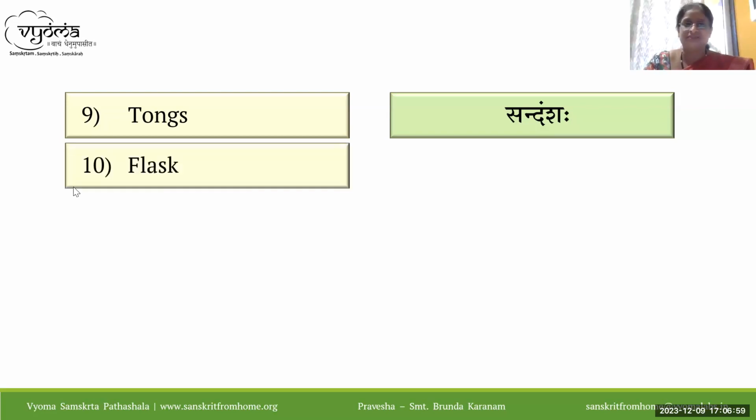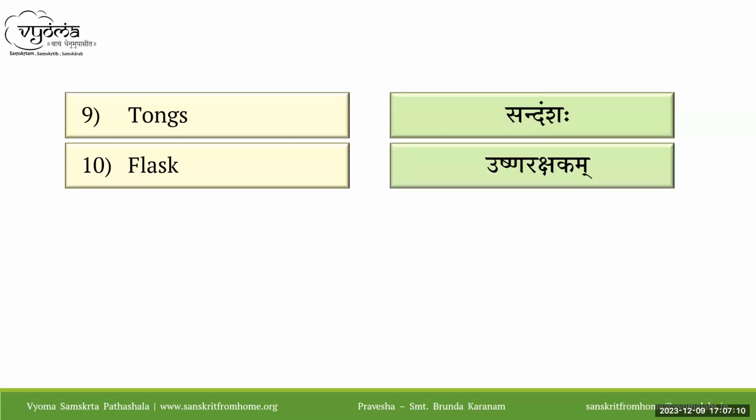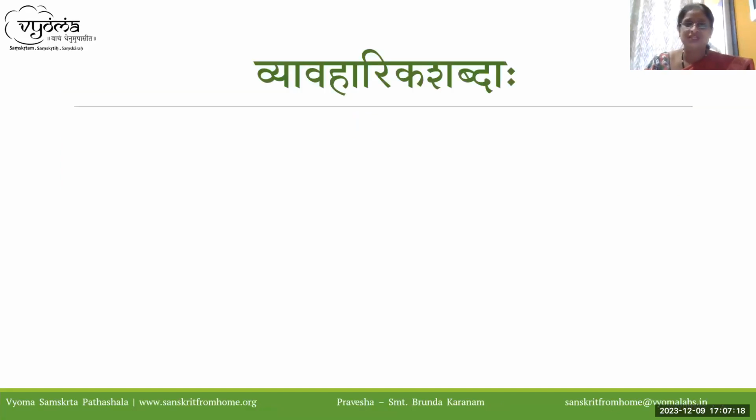That's why it's called Sandamsha, and that's how you remember it. Damshati or dashati means to bite. Okay. Flask. Ushna Rakshakam. Ushna is heat and Rakshakam is protect, because a flask keeps something warm. That's why it's Ushna Rakshakam.